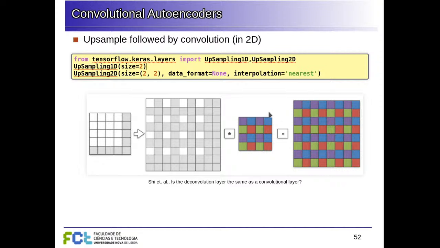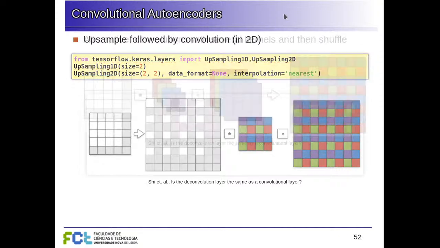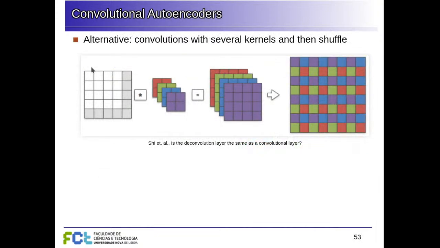If we then apply a convolutional operation, we can train the network to learn the correct operations in order to sharpen things up again. Another way we can do this would be to just do different convolutions and then shuffle or merge all these feature maps by interlacing them like this.